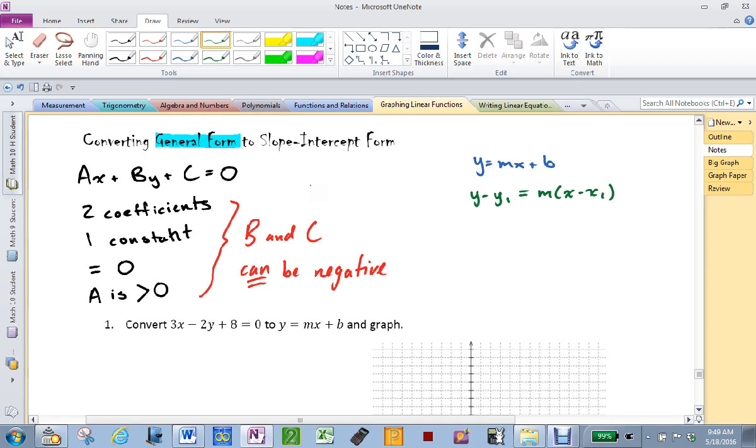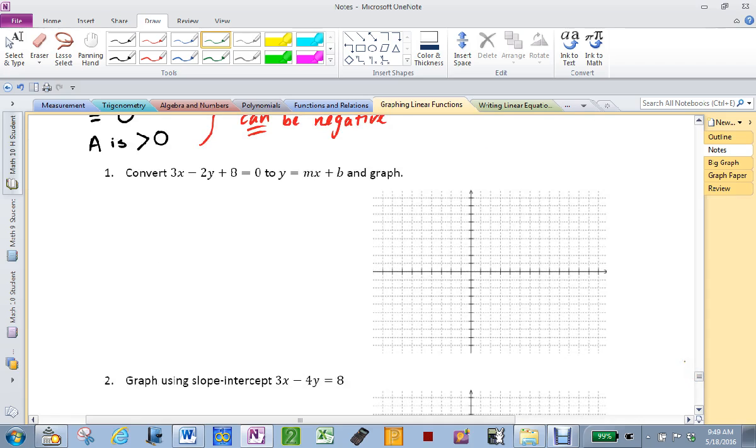Yeah? Okay. So, everyone should be able to do this, because we just did it in our warm-up, yes? This is general form. How do you know? Everything's on one side, it equals 0, x is positive. That's what makes it general form. Does it matter which side everything is on?